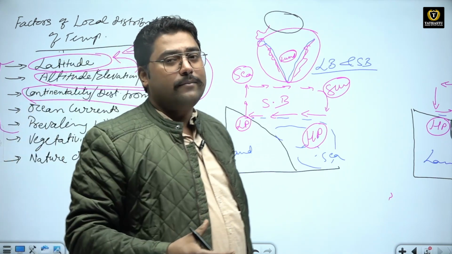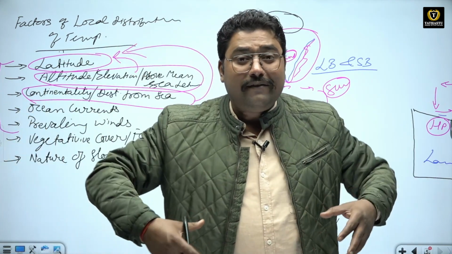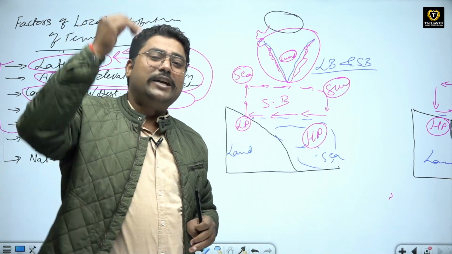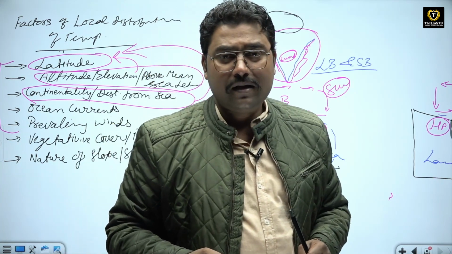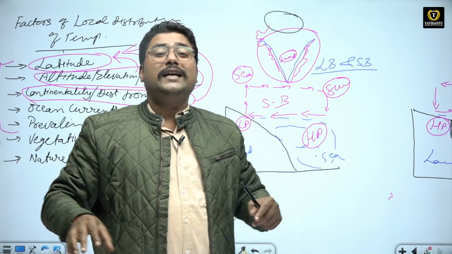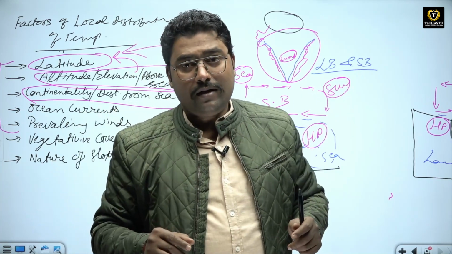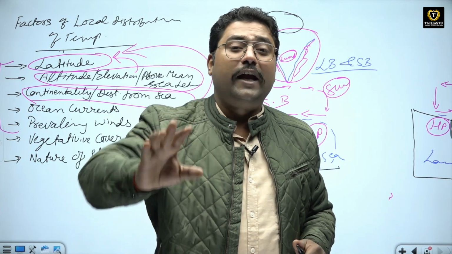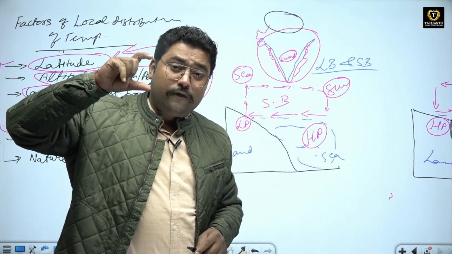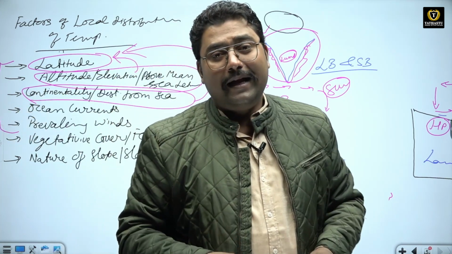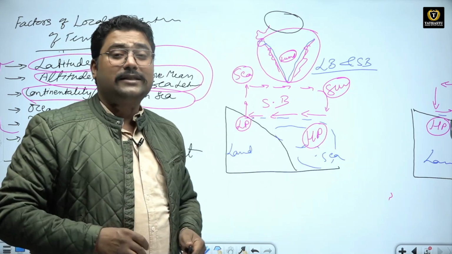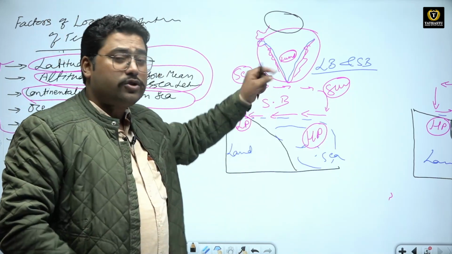So during daytime when they are getting heated up, they will heat like a pan, or you can say sand, and the maximum will reach 40, 45. And when the sun disappears, meaning during night, they will cool down like ice, meaning the temperature will go to 15, 20. That's why the difference between maximum and minimum in the continental areas, or you can say the landlocked areas, is more in comparison to the coastal areas.